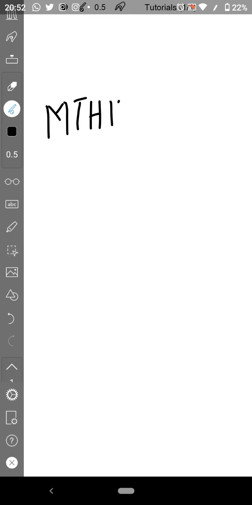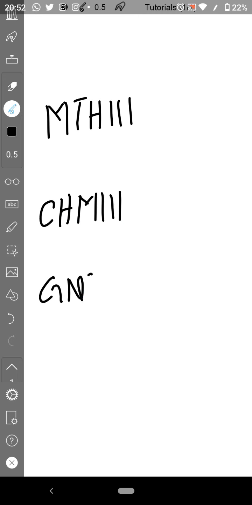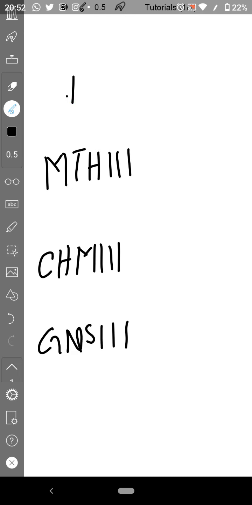So let's take, for example, we're going to calculate the average for a start, between 3 courses you're taking this semester. Let's say you're taking Maths 111. For demonstrative purpose, I'm going to use just 3 courses, and the course code doesn't matter, so Chem 111 and GNS 111. So this is the course code, is what you can identify the course with, just like physics, chemistry, and biology in secondary school.